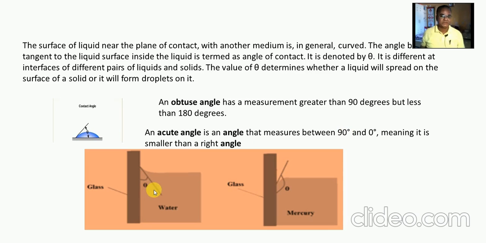Water has an angle less than 90 degrees, that is an acute angle, while mercury has an angle greater than 90 degrees but less than 180 degrees, that is an obtuse angle, as shown in this diagram.